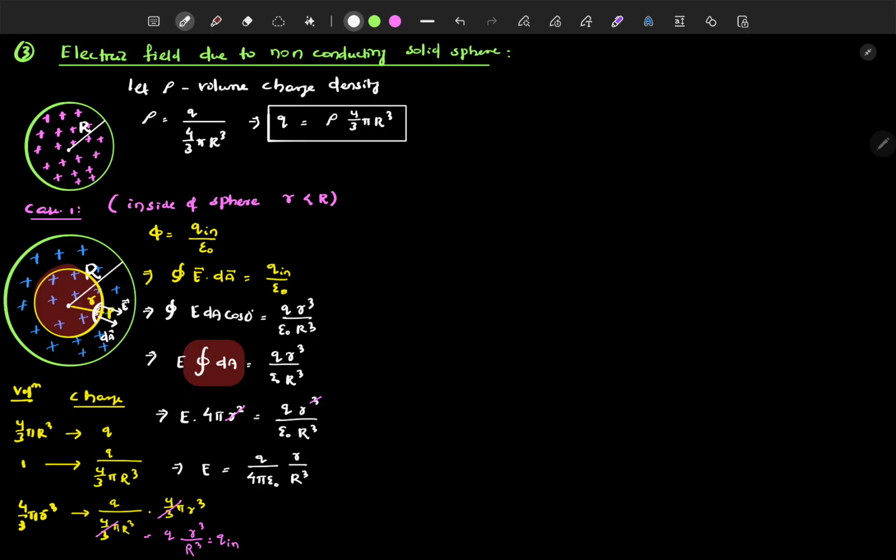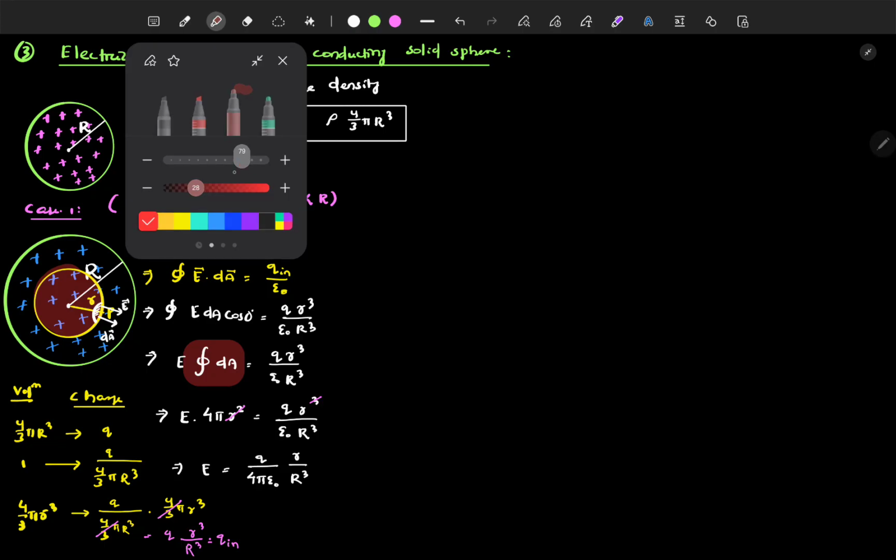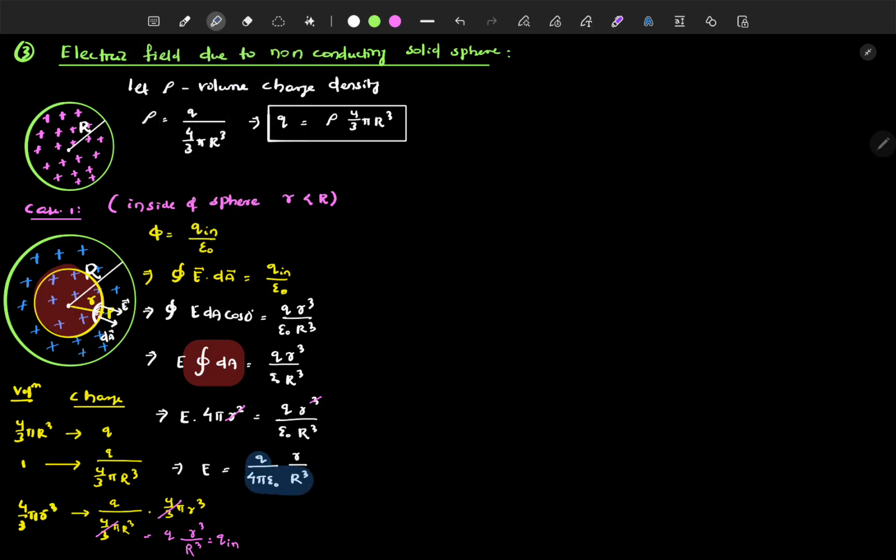I hope it is clear. Clearly, this Q by 4 pi epsilon naught capital R cubed is a constant quantity. So we can say E inside is proportional to small r.